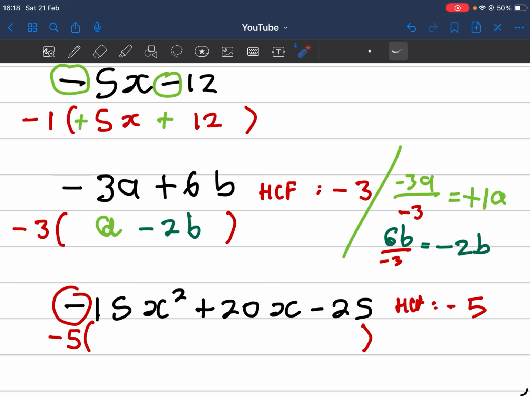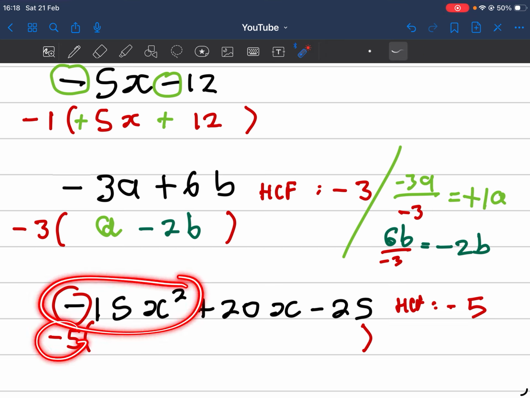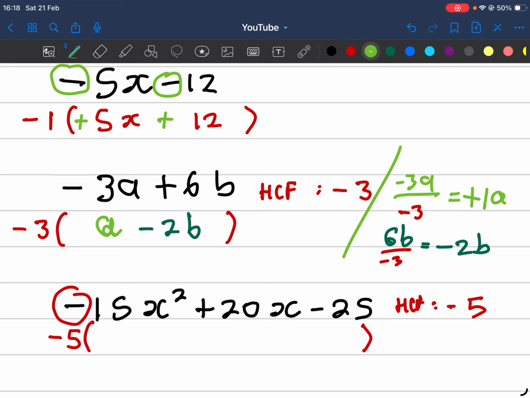Let's divide. Negative 15x squared divided by negative 5 is gonna give you negative divided by negative is positive. 15 divided by 5 is 3x squared. The next one is positive 20x. So positive divided by negative is negative. 20 divided by 5 is 4x.